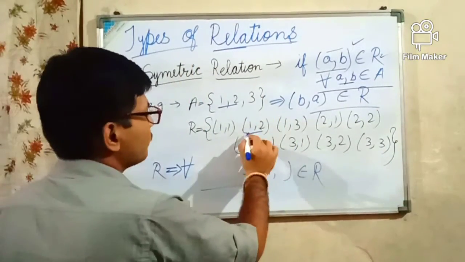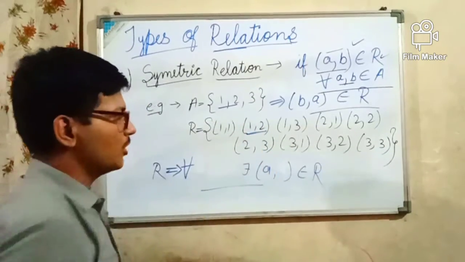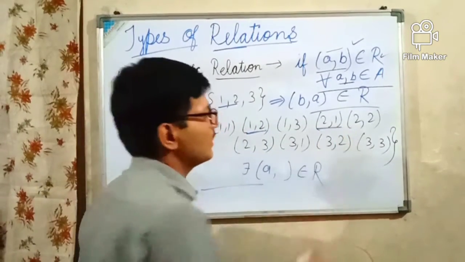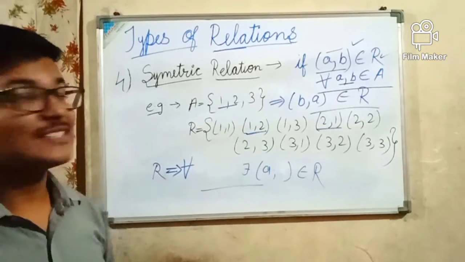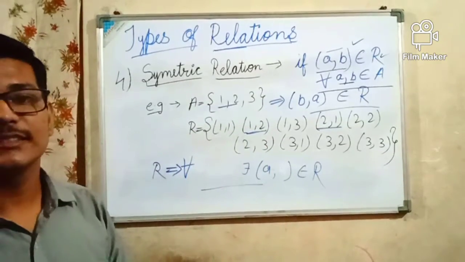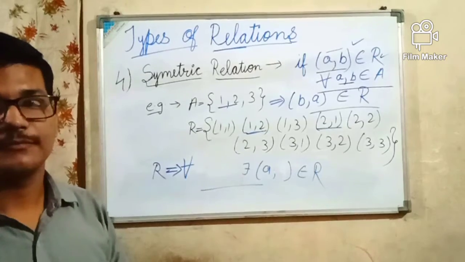See, for 1 and 2, (1, 2) belongs to R, and here we have (2, 1) also belonging to this set R. So such a relation is known as symmetric relation.